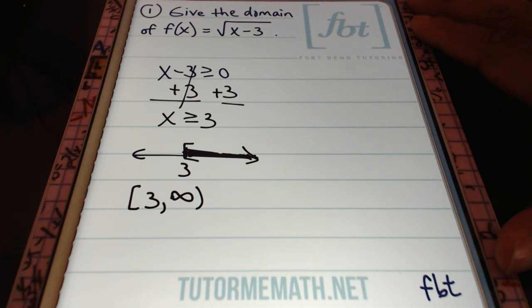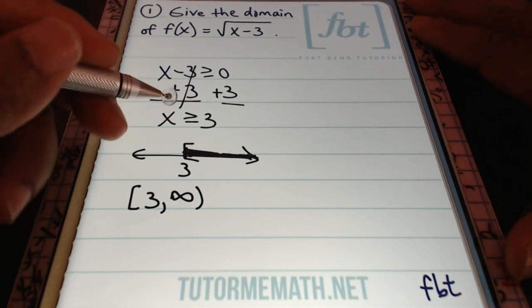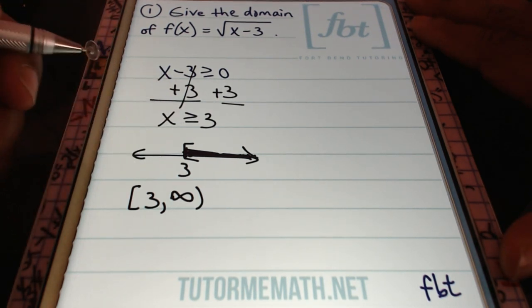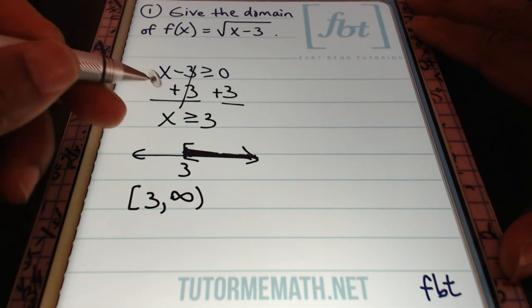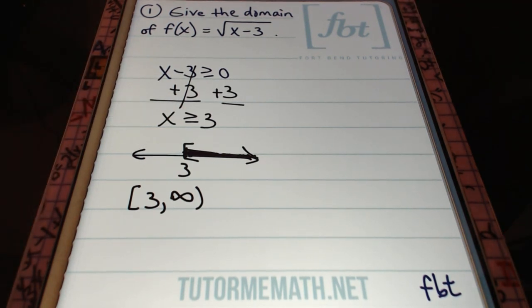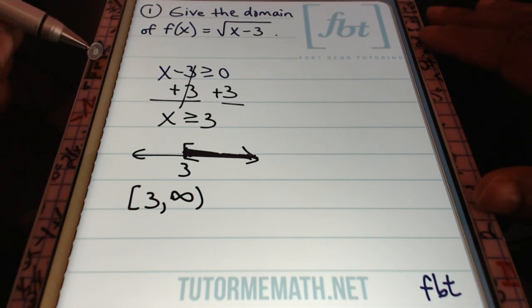So our interval notation is another way to show our domain. You can also set it up in set builder notation. So depending on the author of the test, depending on the teacher, depending on the exam that you're taking, they may have the domain represented in several ways. One of these ways could be just simply the solution of x when you have it set greater than or equal to 0.